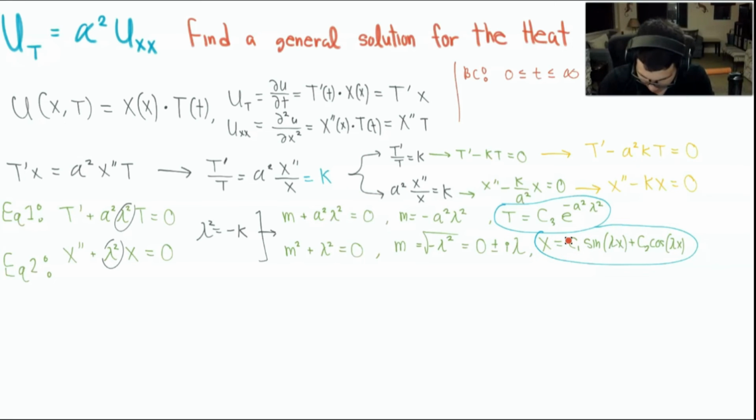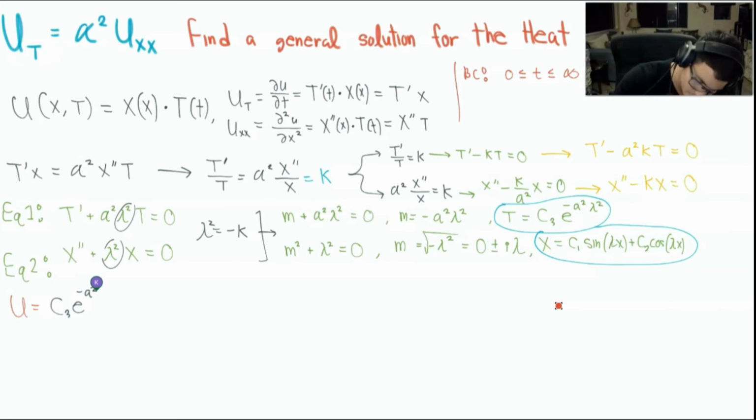So if I multiply them together, I get u, where u is a function of both of these variables, and that is going to be equal to c3 e to the negative a squared lambda squared times (c1 sine lambda X plus c2 cosine lambda X).